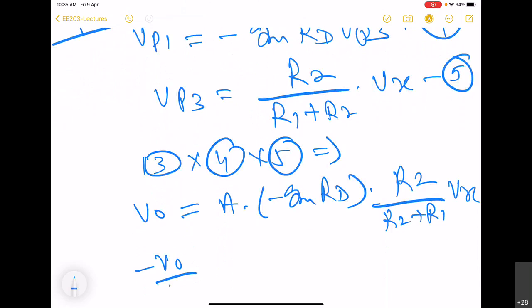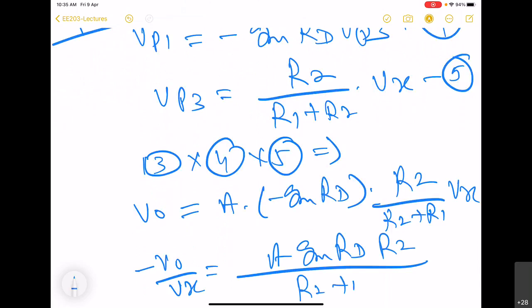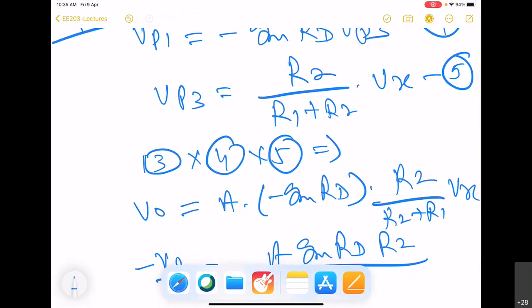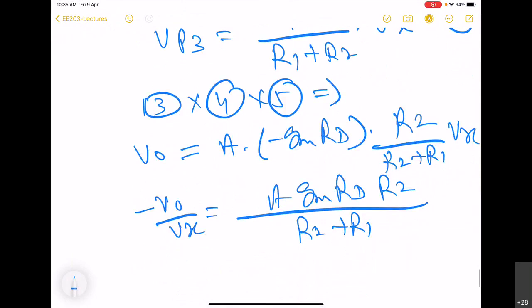So minus VO by Vx is A GM RD R2 divided by R2 plus R1. So this is the loop gain for the second circuit.